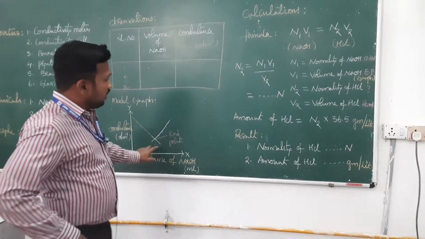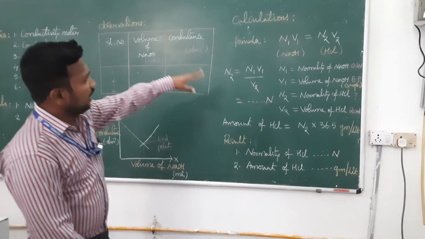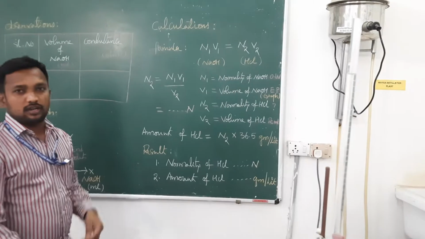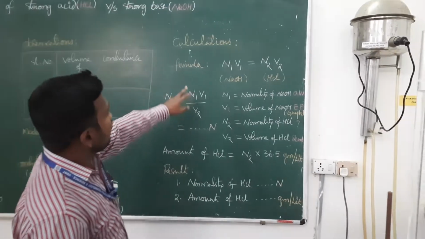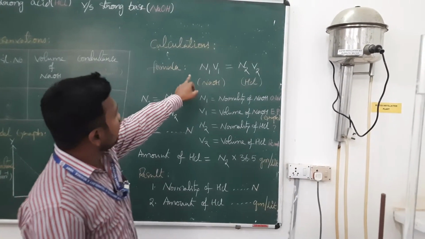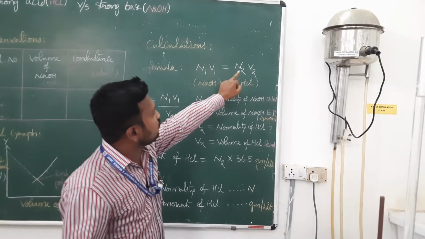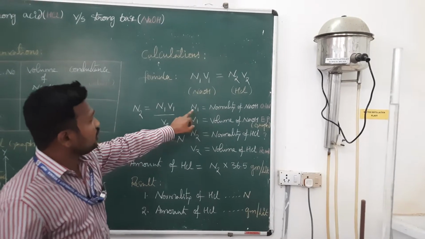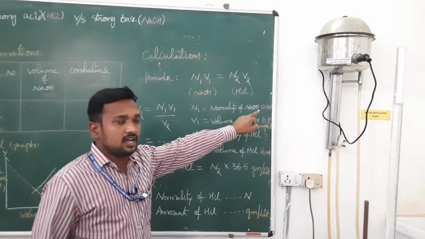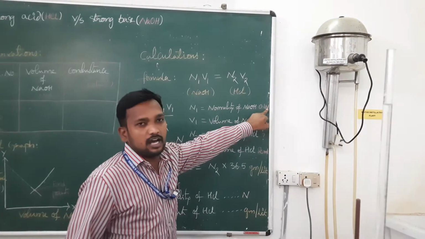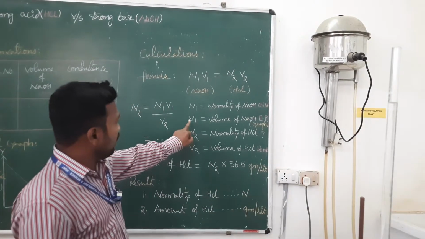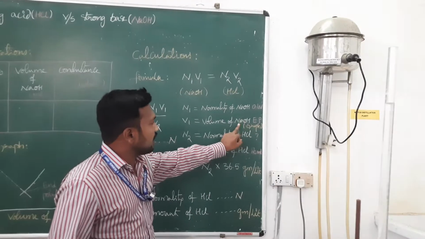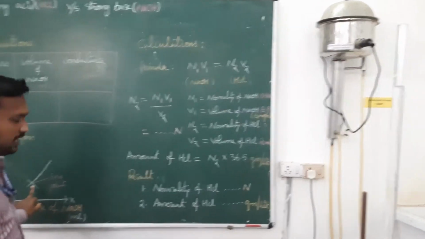We take the end point from the graph and calculate the normality of HCl solution. I have given the formula here. The formula is N1 V1 equal to N2 V2, where N1 is the normality of NaOH, which we already know is 0.1 normal, and V1 is the volume of NaOH, the end point, which we take from the graph.